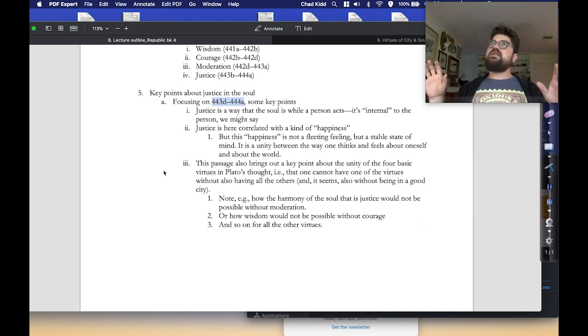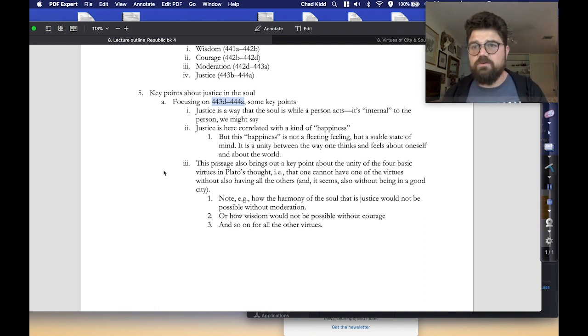Suppose that we have a soul that lacks moderation, such that some parts of the soul don't agree that the rational part of the soul should be in charge. Let's say that we have an appetite or two that tries to make decisions on the part of the rational part of the soul, right? So that, say, your desire for food or your desire for sex overrides what you know to be the right thing to do in a particular situation.